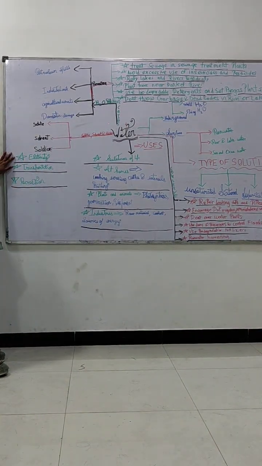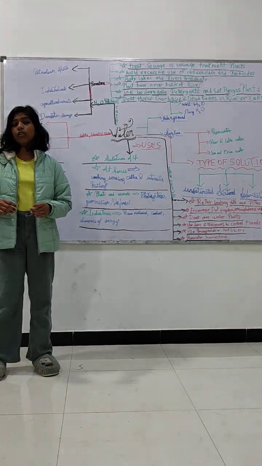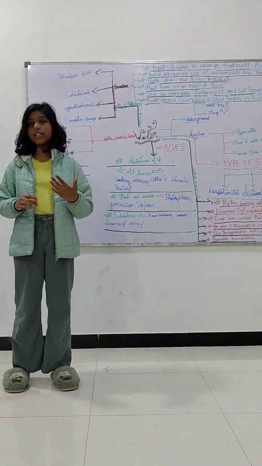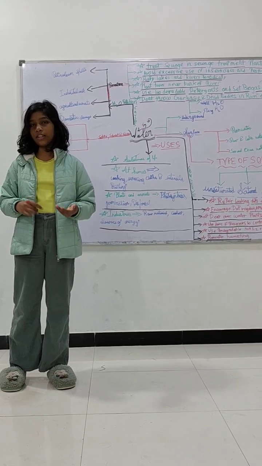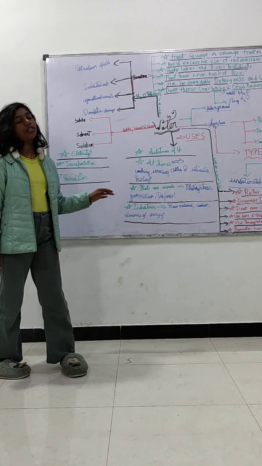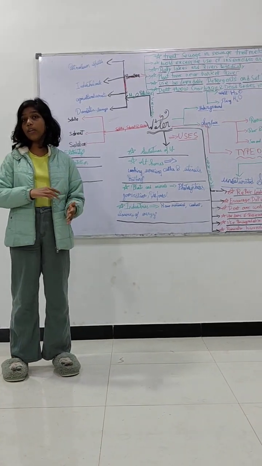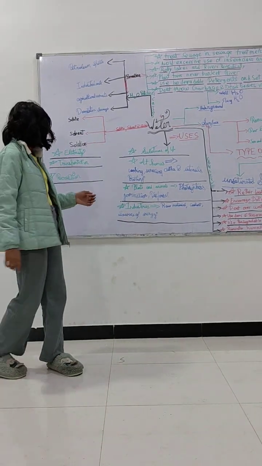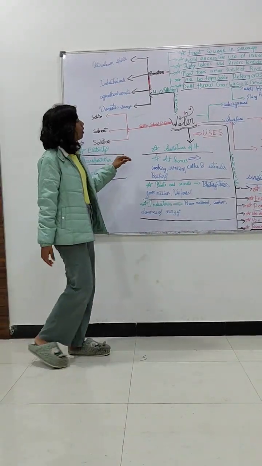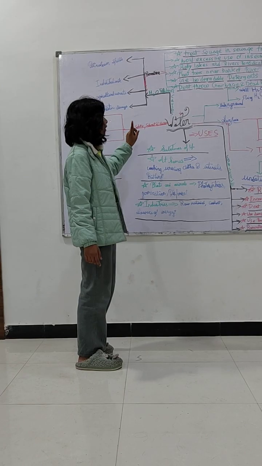Then electricity generation. The moving water produces hydroelectric power. Then there is transportation. Goods and people are transported with the help of water. Then recreation. Now, what is a solute, solvent, and solution?